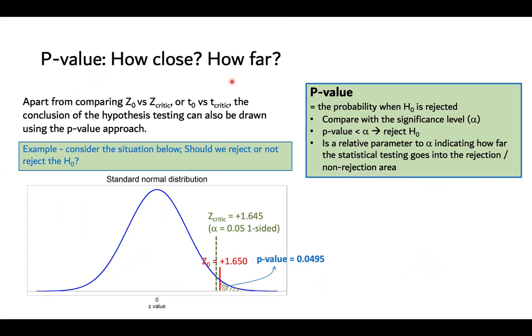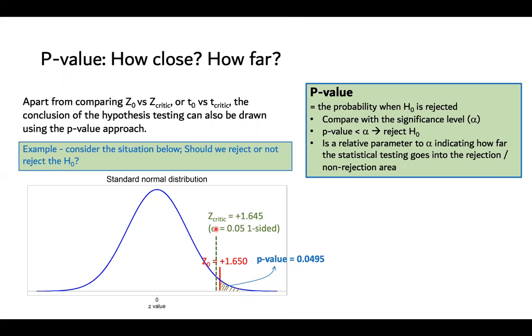So what is the p-value? Of course, you will see in the books that there are some formulas about the p-value, but I think the better way to understand the p-value is using this graph. This is the standard normal distribution.